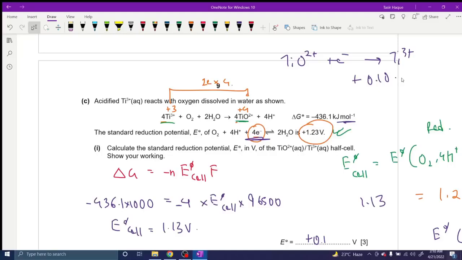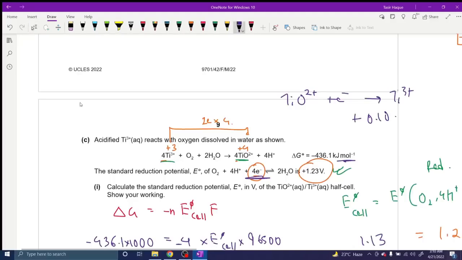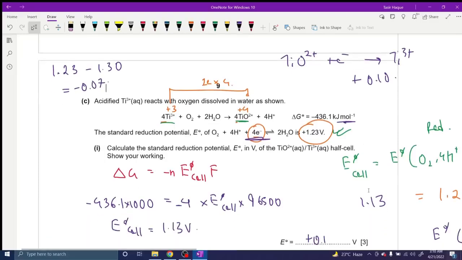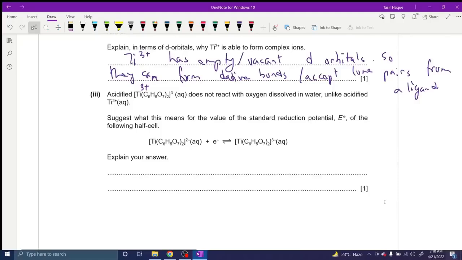It was a positive value. Now, when we form the complex, it doesn't really give us a feasible reaction. What does that mean? E cell is negative. So, think about it. If the reaction is not feasible, what does it mean? The value of reduction potential is greater than this. So it will be 1.23 minus a value greater than this, minus 1.30 for example. The value turns into minus 0.07. So it results in a non-feasible reaction. Do you guys understand?